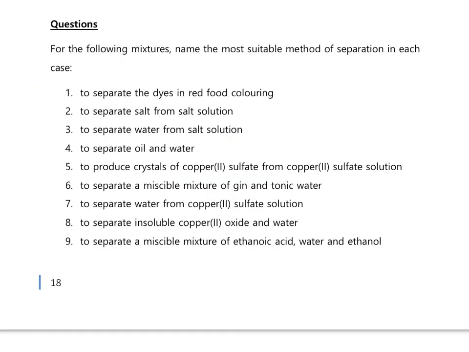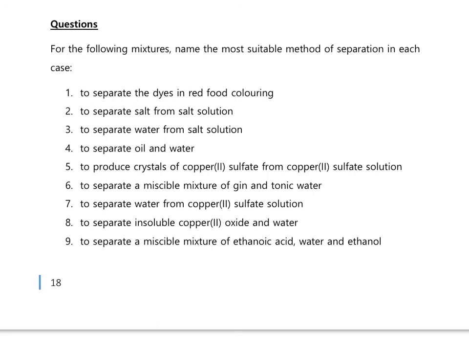So at the bottom of page 18, you have a few questions which ask you to choose the method of separating technique that you would use to separate these particular mixtures. And that's why it's really important to summarise that information in your own format first, so that you've processed all that information, so you understand what method is used for what type of mixture.